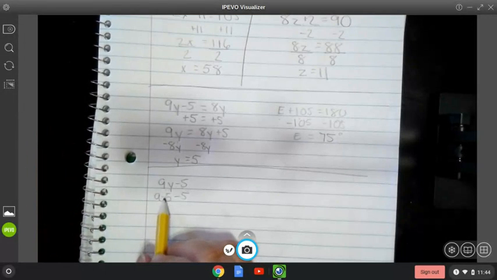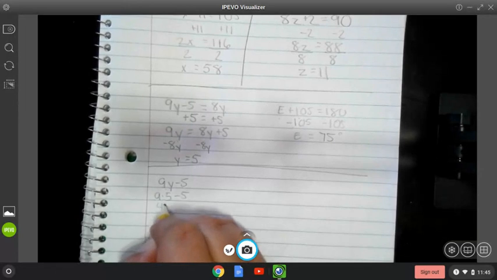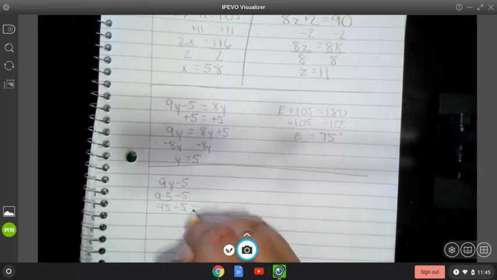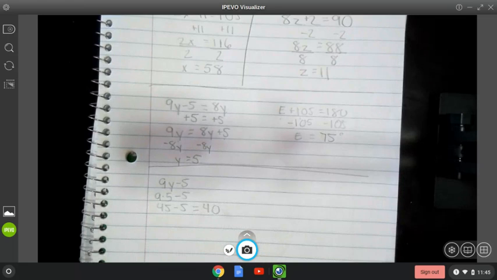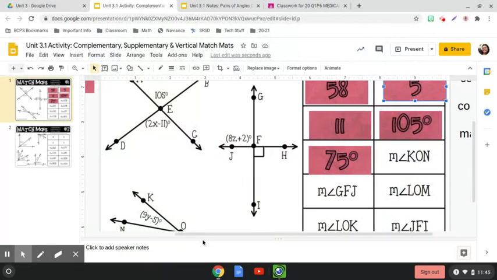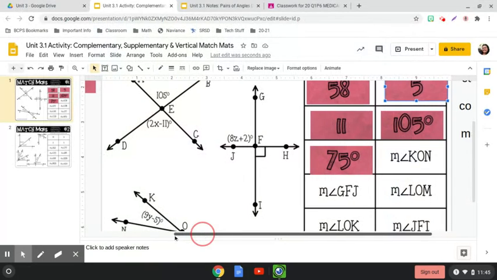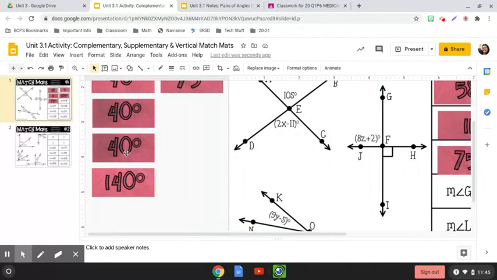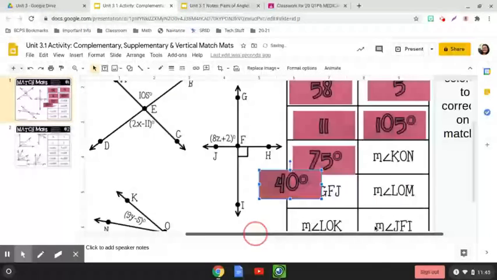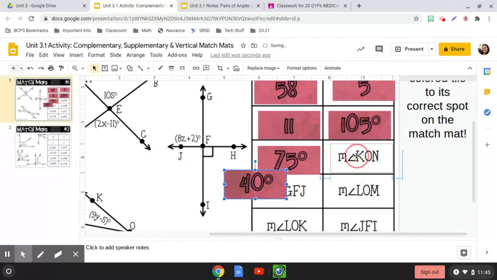As simple as that. 9 times 5 is 45, minus 5 equals 40. So it equals 40 degrees. The measure of KON is 40, and we have 40 right here, so we must have done something right. Set that right there. Bring that on over.